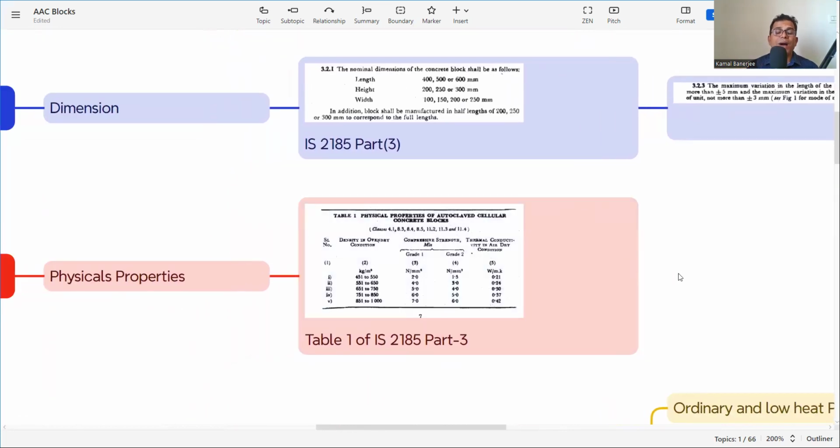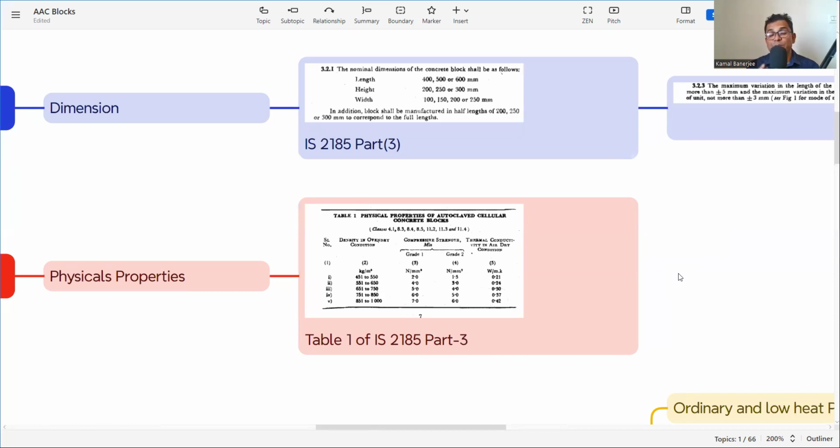Next is, what are the physical properties, because every block has physical properties. Table 1 of IS 2185 part 3 mentions what will be the physical properties of autoclave cellular concrete blocks. There are two grades, grade 1 and grade 2, depending upon the density, the compressive strength, and the thermal conductivity. The first category of density is when the density of the block lies between 451 to 550 kg per cubic meter.